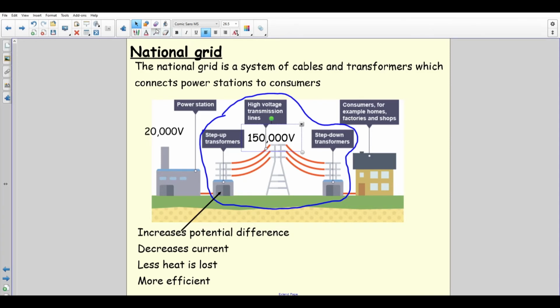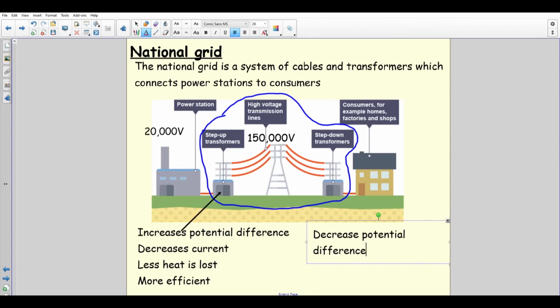So what we need to do is have a step down transformer, and in the step down transformer, basically pretty much the opposite happens. We decrease potential difference, which causes us to increase the current, and that makes it safe to use.